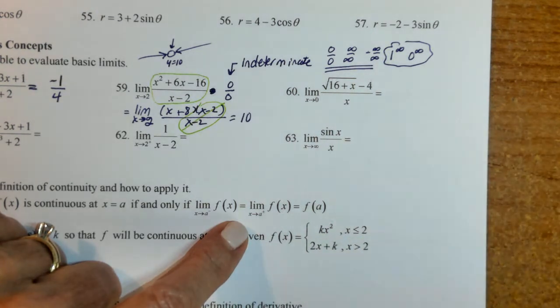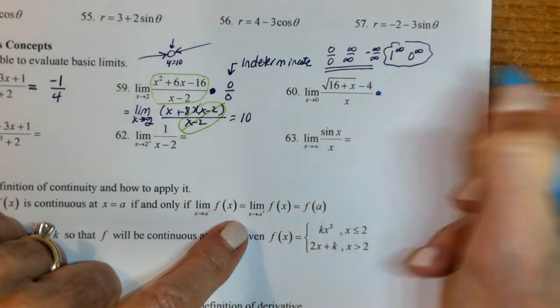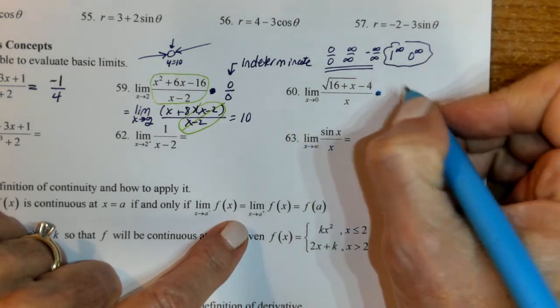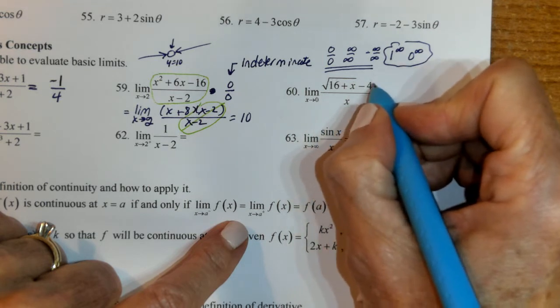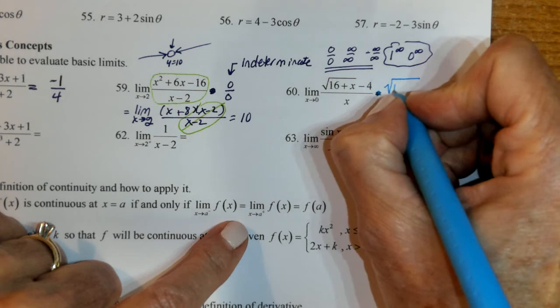Another technique that we can use to manipulate is, in this case, we can't factor the top. Instead, whenever I see the square root plus or minus a number, I want to multiply top and bottom by the conjugate.